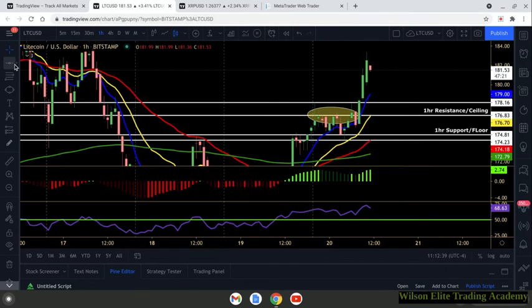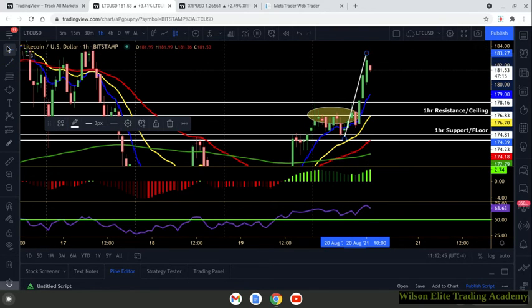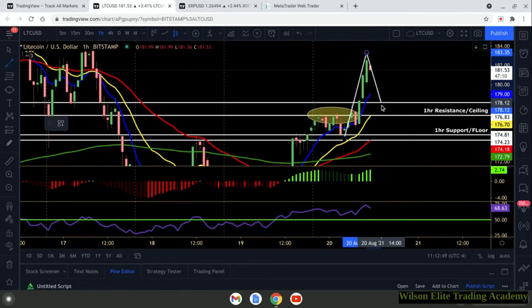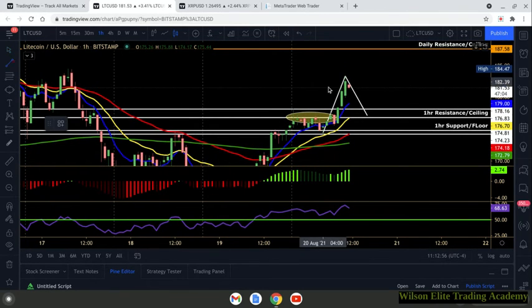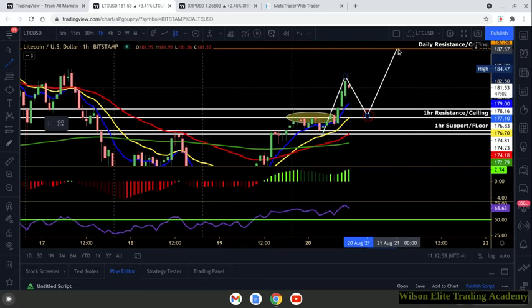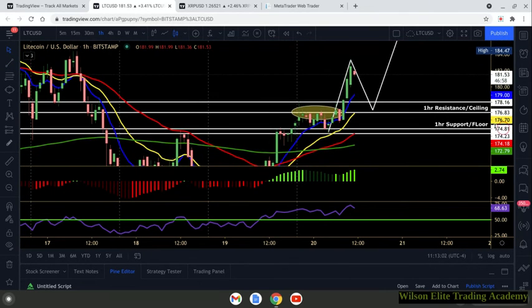So this is what price did. Price went from a low to a high. And now what do you think price can potentially do? Price can now pull back to make a higher low, to finish the uptrend, to make a higher high. That's what we can look for.